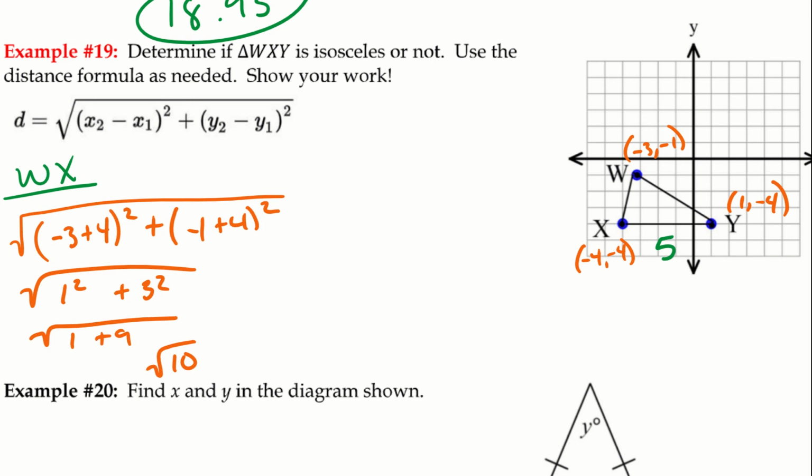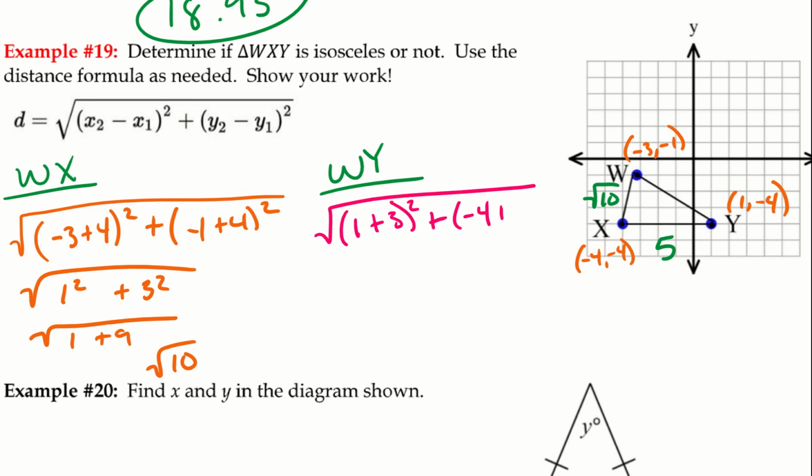So that means this here is the square root of 10. So far we're not at an isosceles triangle, but we still have one more side to check. So we're going to do WY, and we're going to use the distance formula again. So I'm going to take the square root of (-3 minus negative 1, which is 1 plus 3, so positive 4) squared, plus (-4 plus 1) squared.